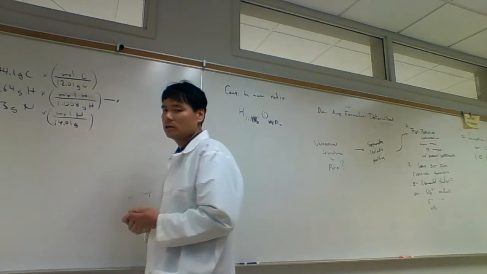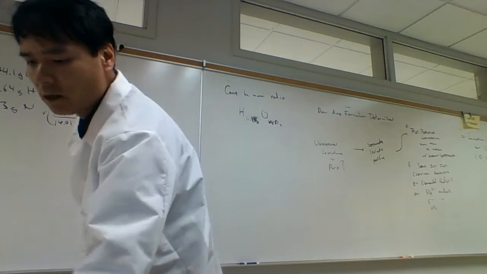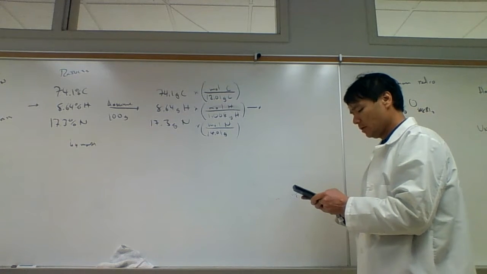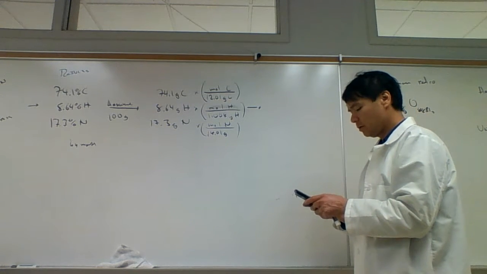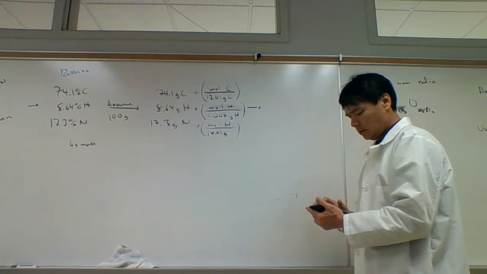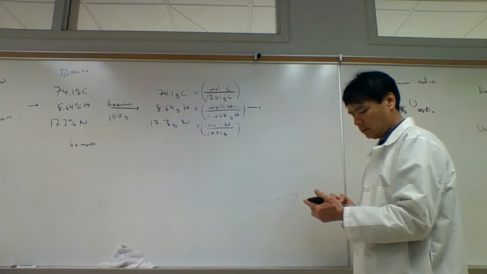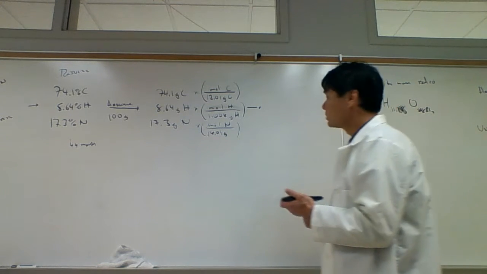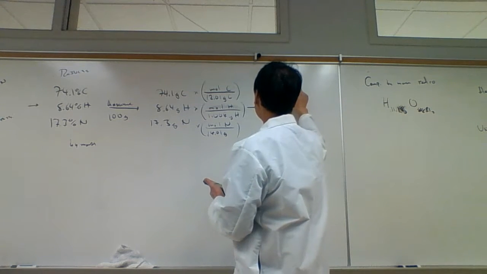And so we're going to just convert that into moles. I converted into moles. Let's go with 74.1 divided by 12.01. So up here I get 6.162.